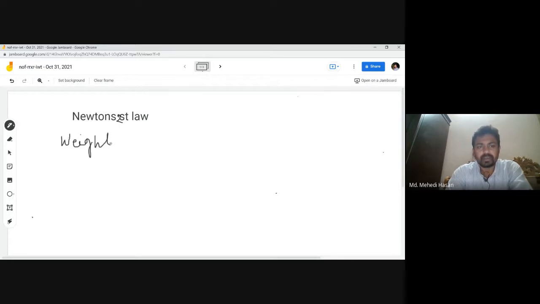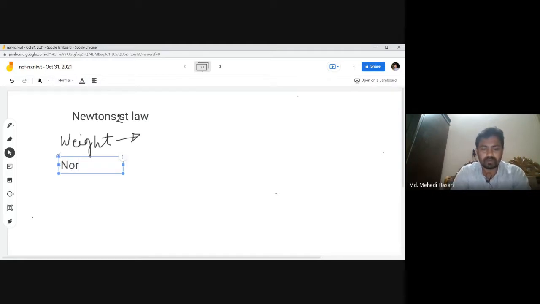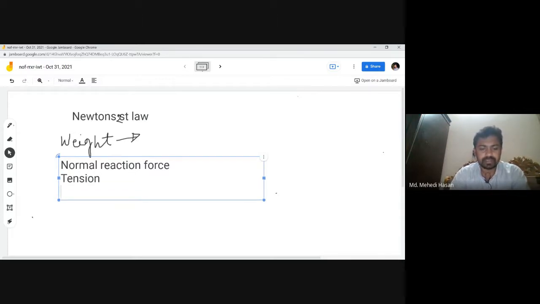So let's write the forces first: weight, then the normal reaction force, then the third one, tension, and then friction. And another is the external force, or applied external force.